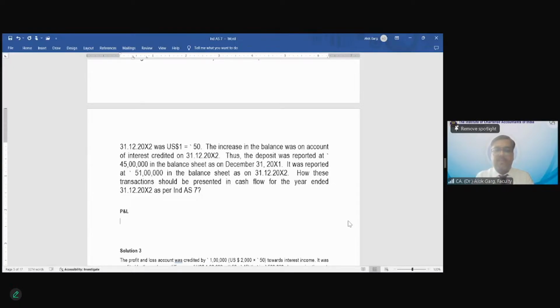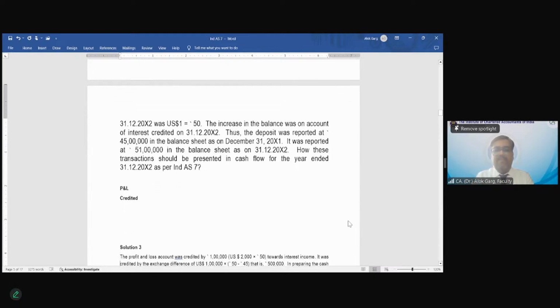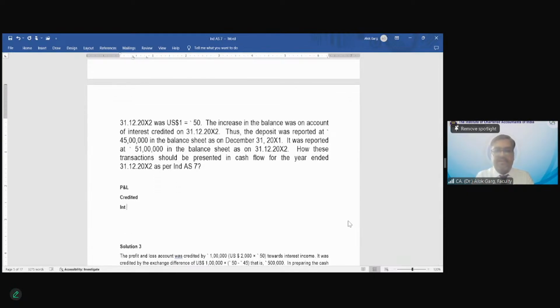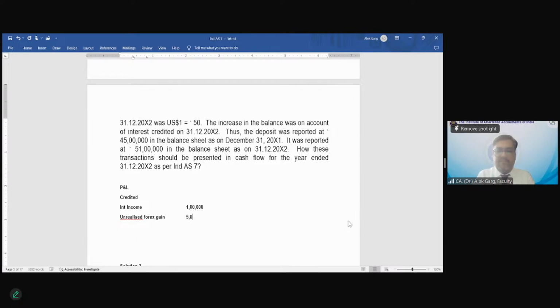In the P&L, your interest income was credited and unrealized forex gain. Interest income is 1 lakh and forex gain is 5 lakhs. The total is 6 lakhs.